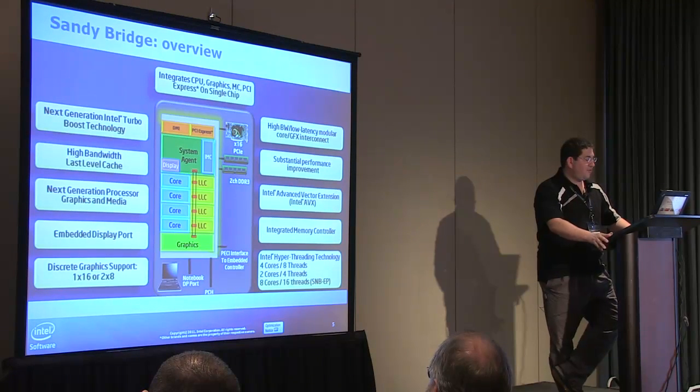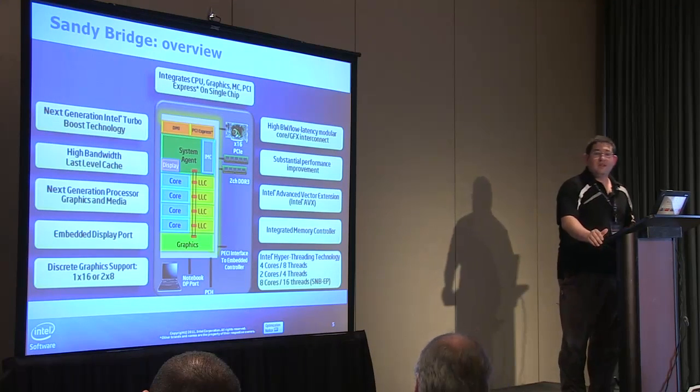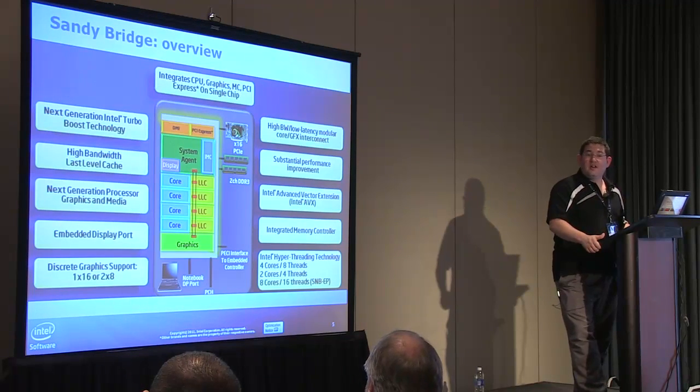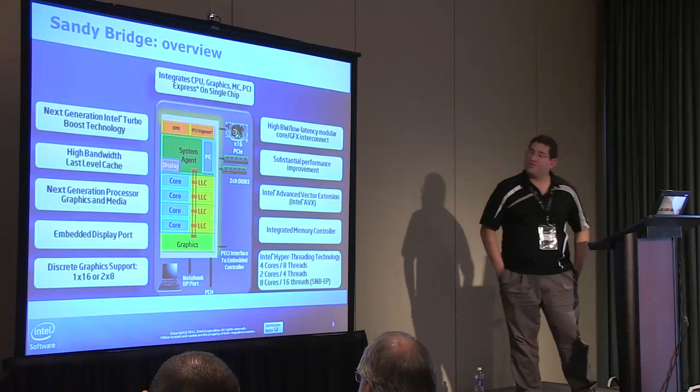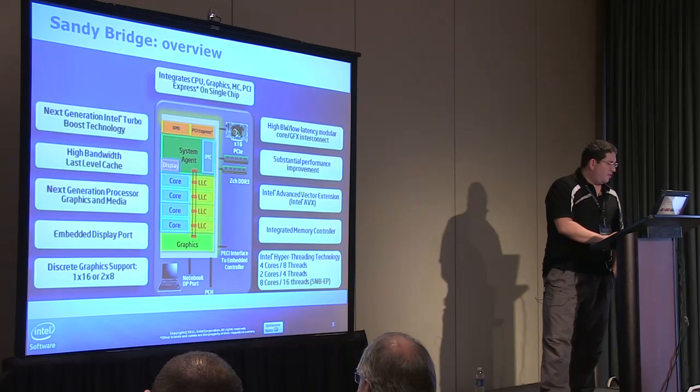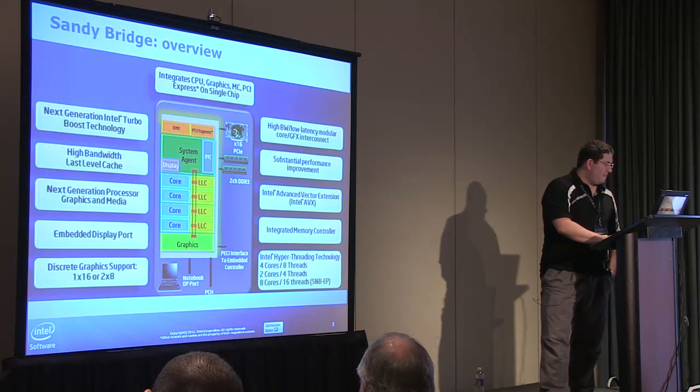This is the first time that the system agent, which includes the memory controllers and the media engines, have been directly in silicon on the CPU die, as opposed to in a different chipset. So there's a high level of quick communication between those portions of the CPU.